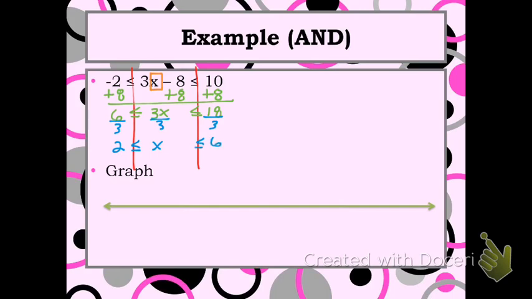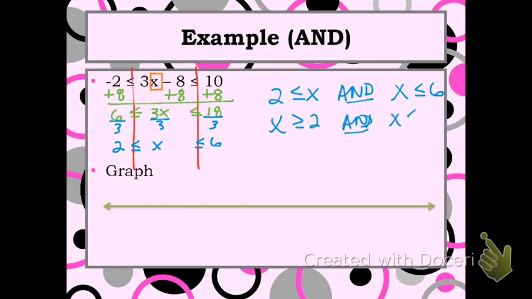Remember that means 2 is less than or equal to x, and x is less than or equal to 6. That's also the same thing as x is greater than or equal to 2, and x is less than or equal to 6.